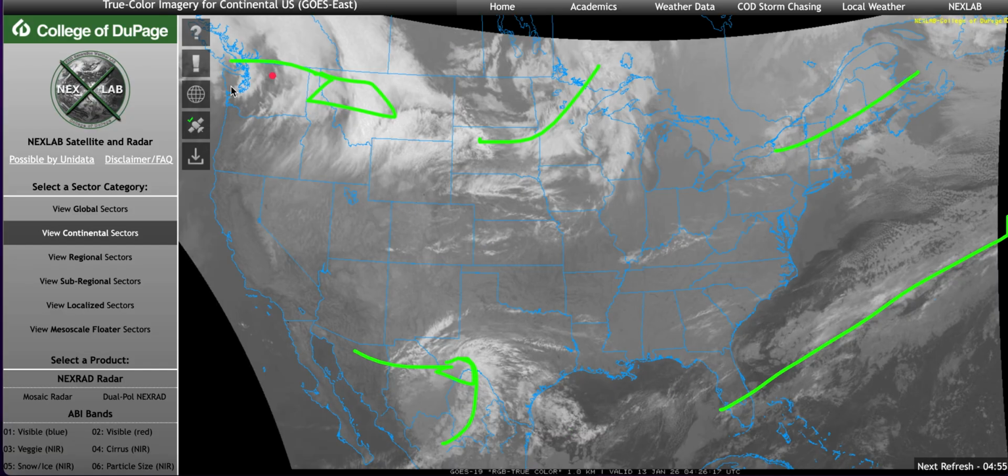You have a big ridge of high pressure over the west coast. I'm gonna actually draw roughly what the jet stream is doing here, and you can see this big ridge out west.